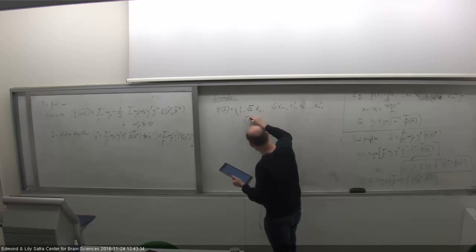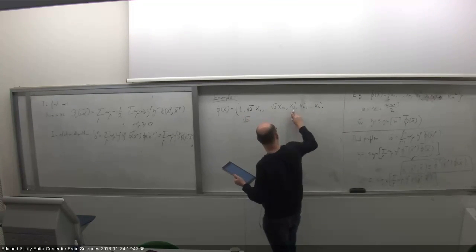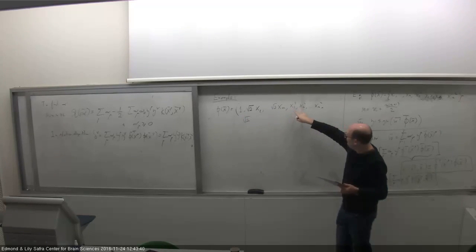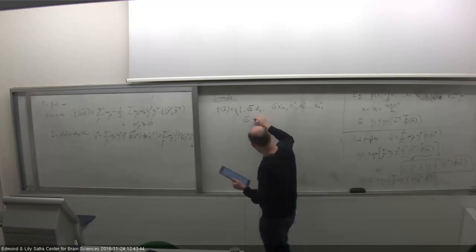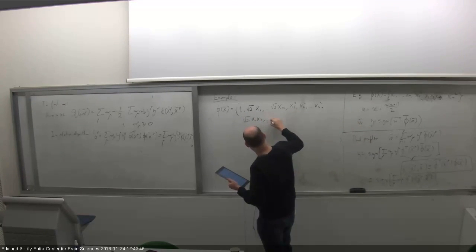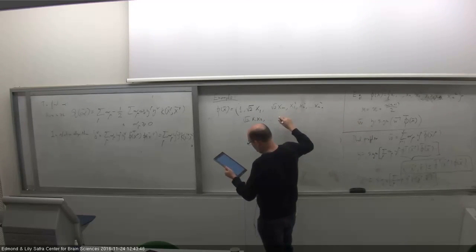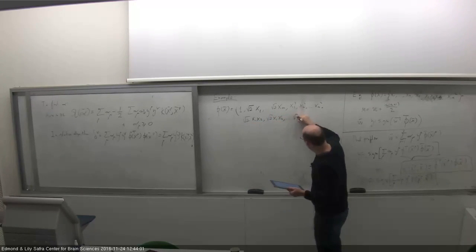And now all the mixed terms, I'll include also functions which are products of two different coordinates, but in these cases I will put a square root of 2 here. Okay, so these are all the products of pairs.